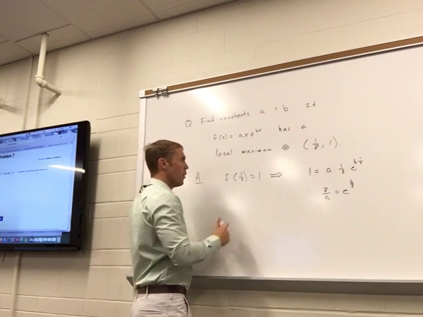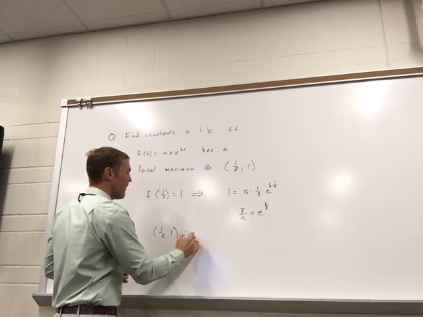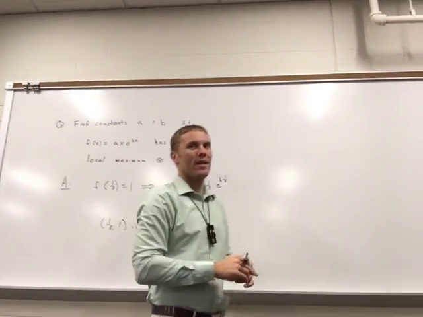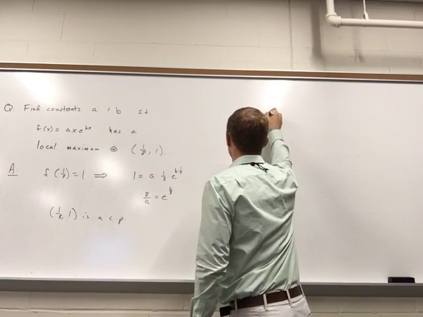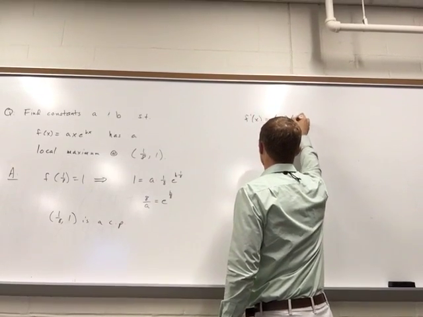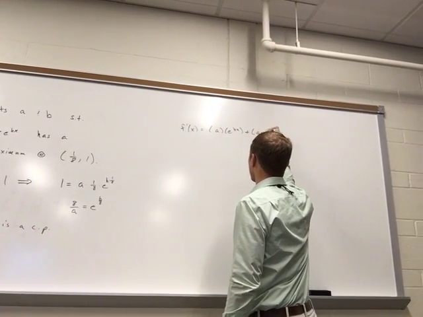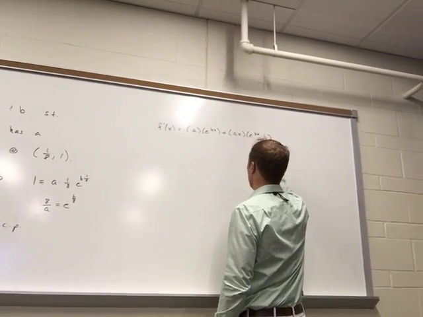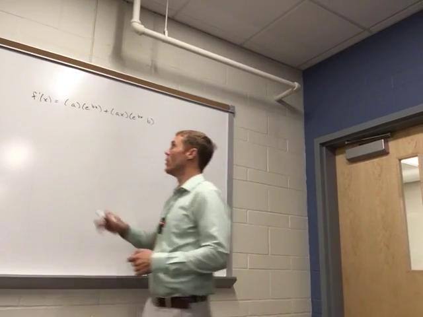We also know that (1/8, 1) is a critical point, which means we can analyze the derivative. f prime of x should equal a times e to the bx plus ax times e to the bx times b, using the product rule and the chain rule in the last part.